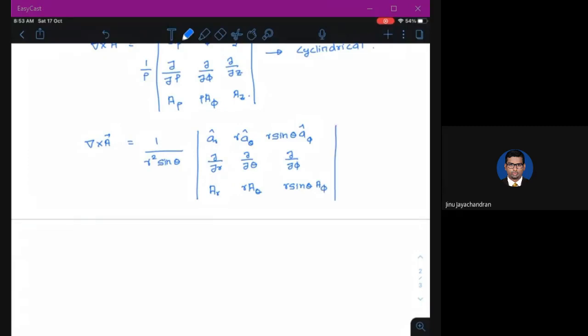So this is in the spherical coordinate system.